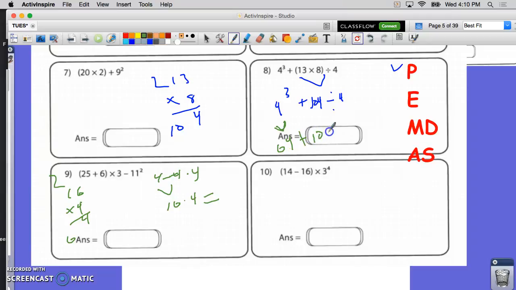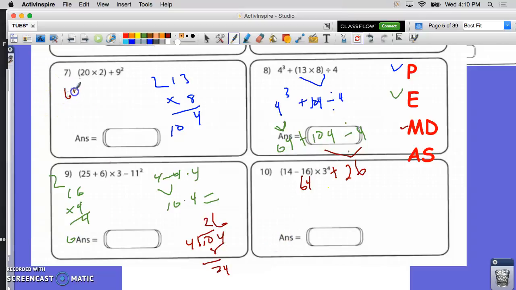plus 104 divided by 4. Exponent is complete. Now it says to multiply or divide, whatever we see first. So you see this division. 4 will go into 104, 26 times. So this is 26. Bringing down what was left, which was a 64.